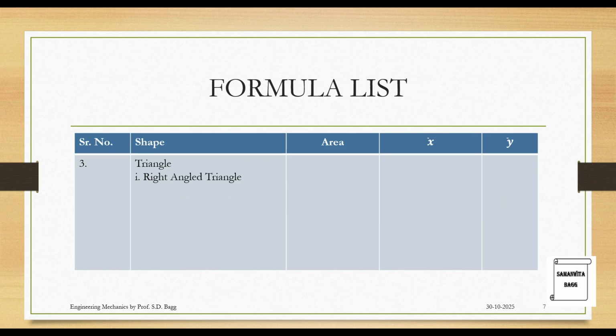Then we'll go for another form of right angle triangle. For example, this way. This is x, this is y. And say your right angle triangle is like this now. So this is the base B. This is the height h.